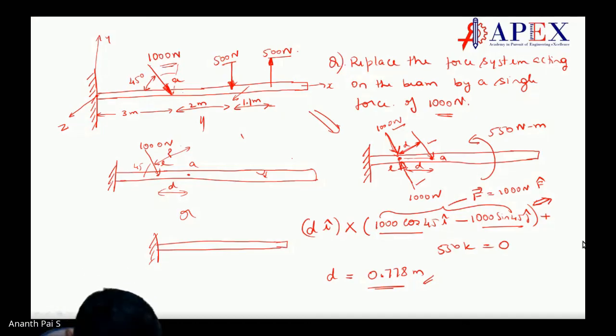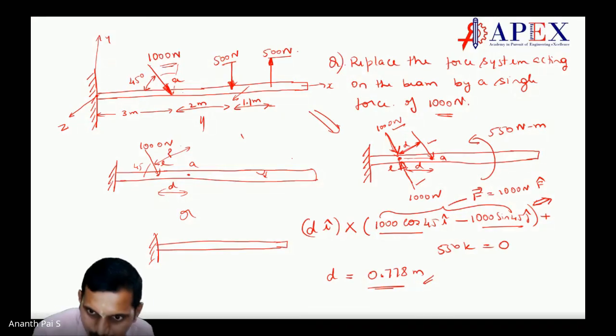So further steps will be: it is the D i vector cross of this full thing, 1000 cos 45 minus 1000 sin 45 plus 550 k. That is the full vector, that is also one vector, and that should go to 0.